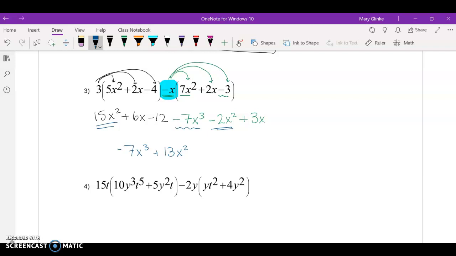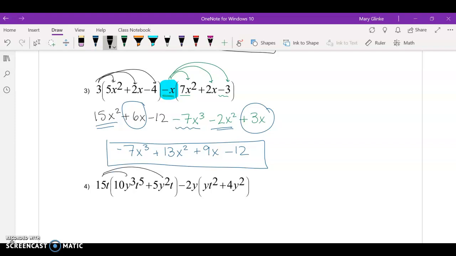So remember, when we're adding, we add the coefficients and leave the variables alone. Then we have a positive 6x and a positive 3x. So overall, there are 9x. And then the last one there is minus 12. There's nothing to combine with that.